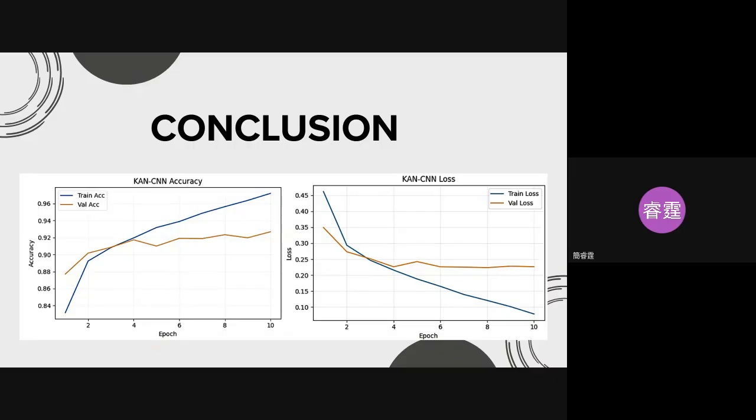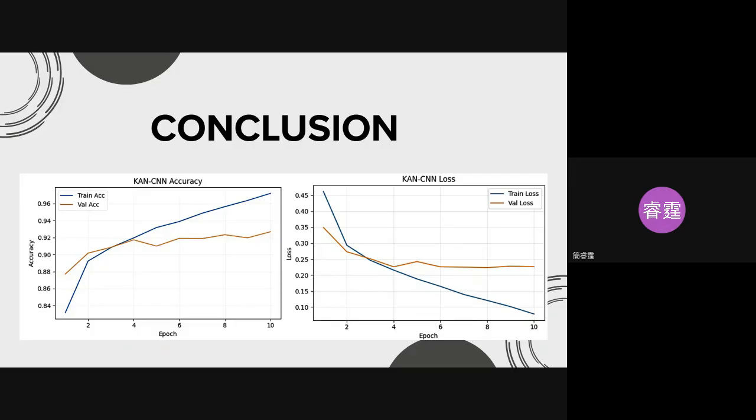However, the validation curve has some small jumps. This means that the KAN-inspired layer has stronger learning ability, but the generalization is not completely stable because it jumps a little.